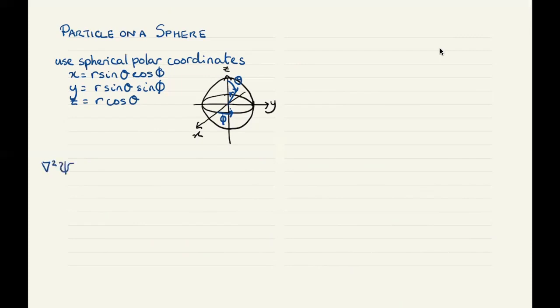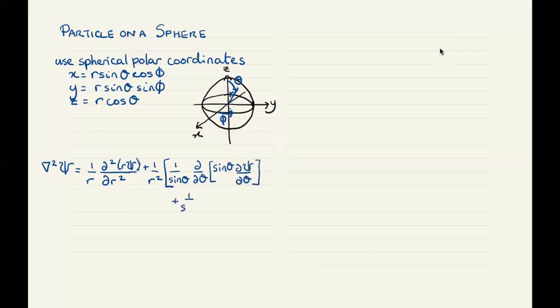So del squared acting on psi is now 1 over r d2 by dr squared times r psi, plus 1 over r squared, all multiplied by 1 over sine theta d by d theta sine theta d psi by d theta plus 1 over sine squared theta d2 psi by d phi squared.